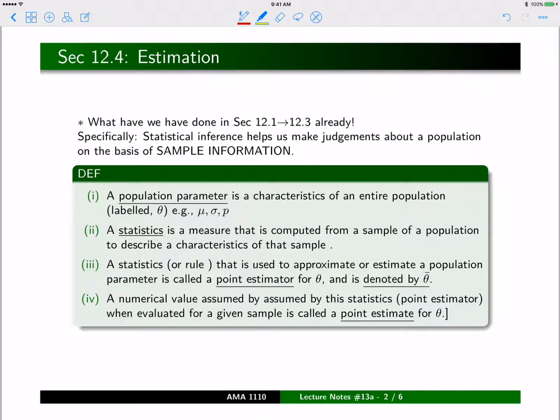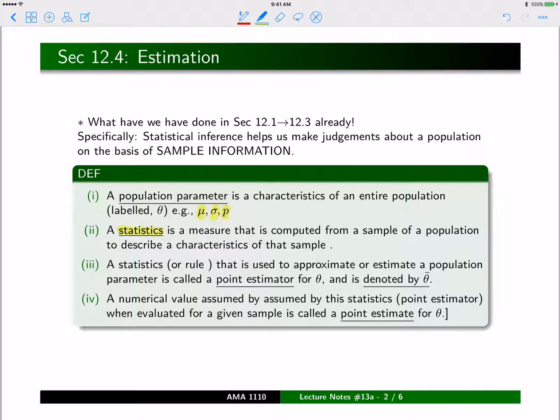Recall when we want to try to estimate a population parameter, for example, population mean or population standard deviation or population proportion, then what we do is we compute a statistic from a sample. A statistic is basically a rule that approximates a population parameter.